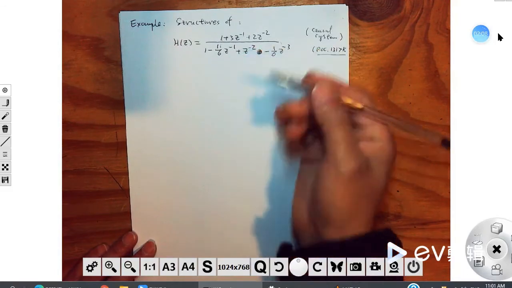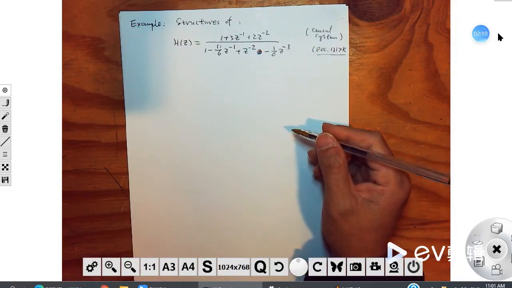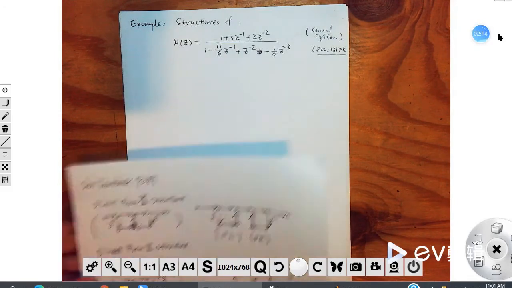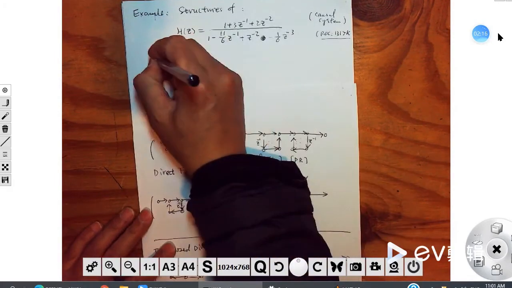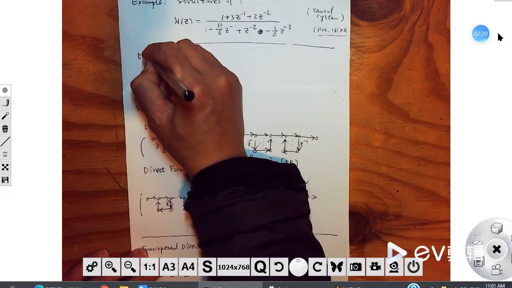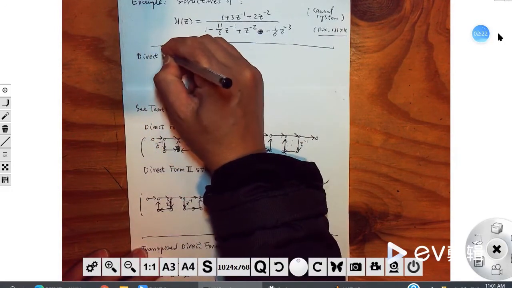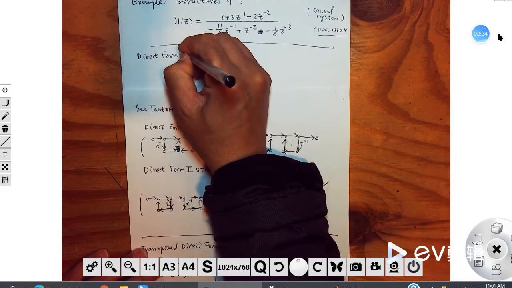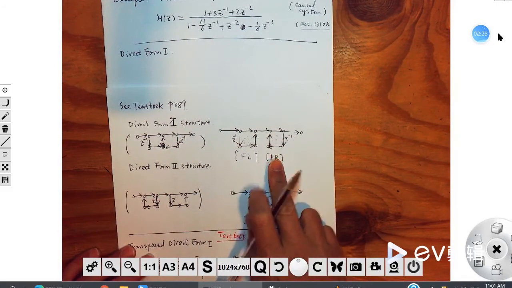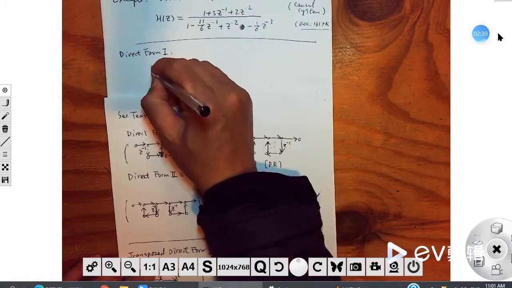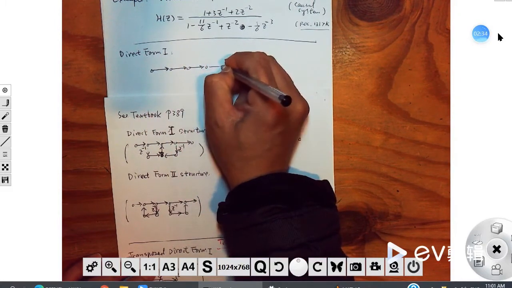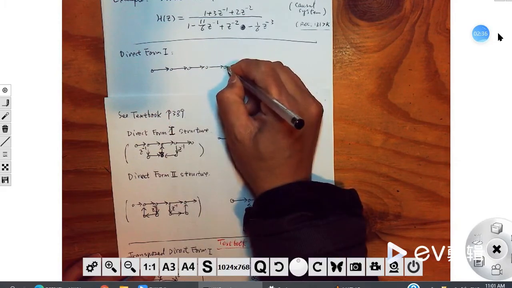Now we have 4 different ways of the structure, right? We just follow these. Here we have the structures. The first one is direct form 1 structure. So it will look like this, right? The first path will be the same. Just look like this.